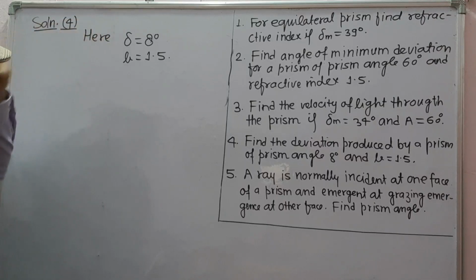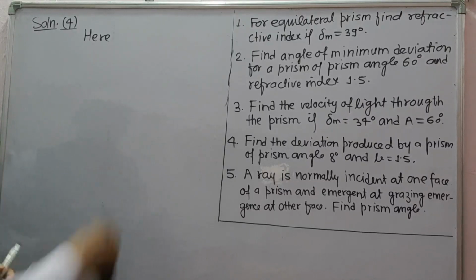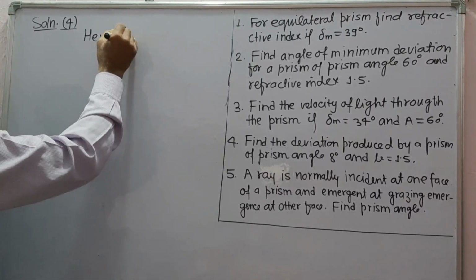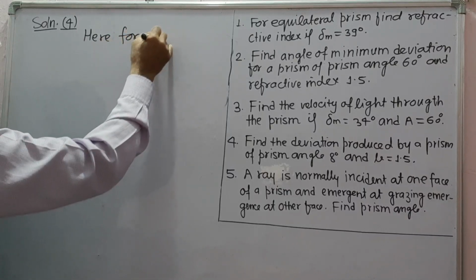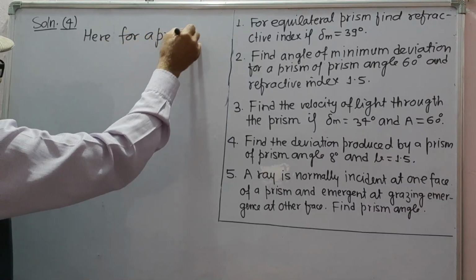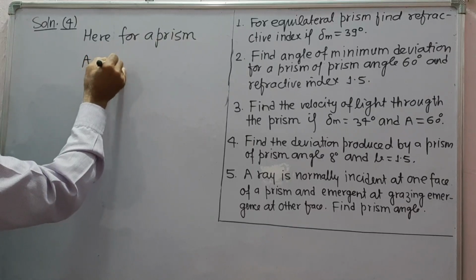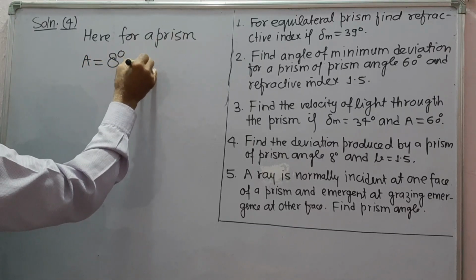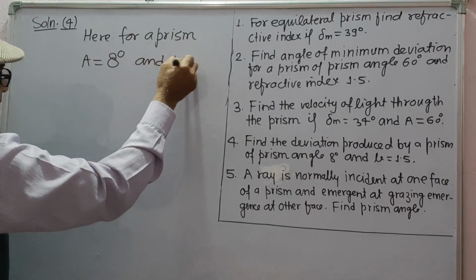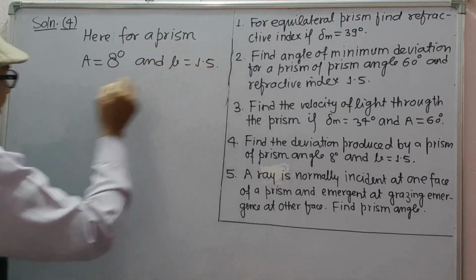This means that here for a prism, angle A is equal to 8 degree and refractive index is 1.5.